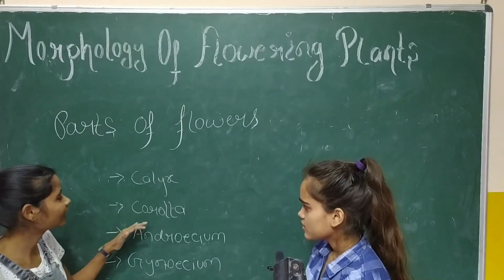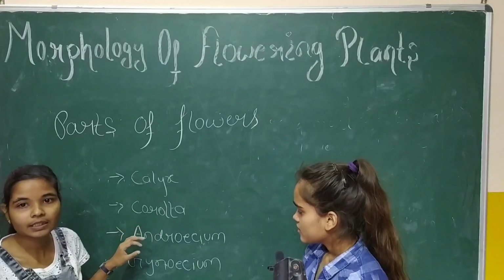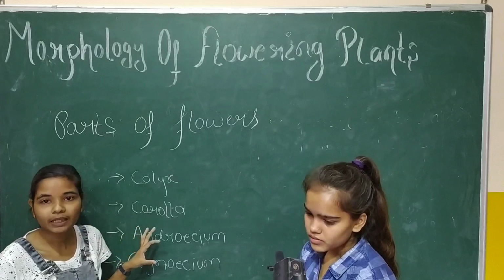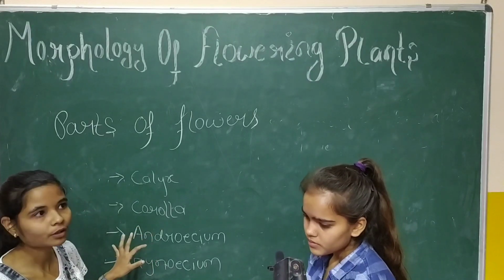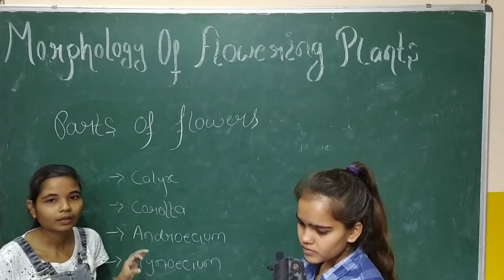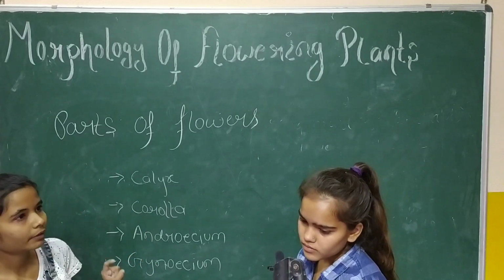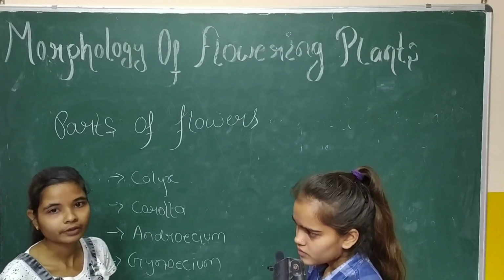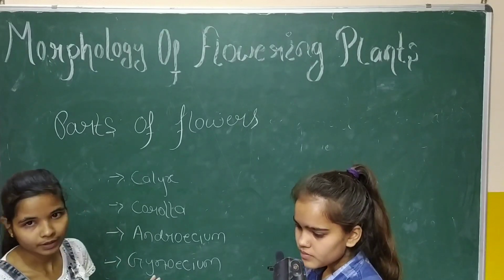We will talk about aestivation. Aestivation is the arrangement of sepals and petals on the base with respect to the other parts of the whorl. They are mainly of four types: valvate, imbricate, twisted, and vexillary. So let's learn about the first, valvate.